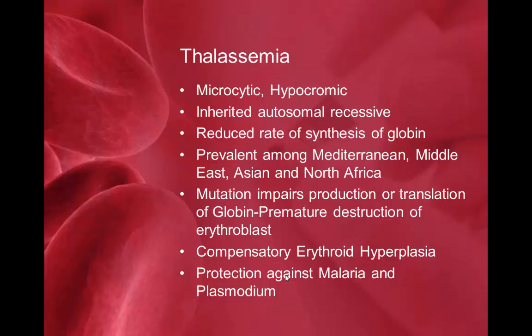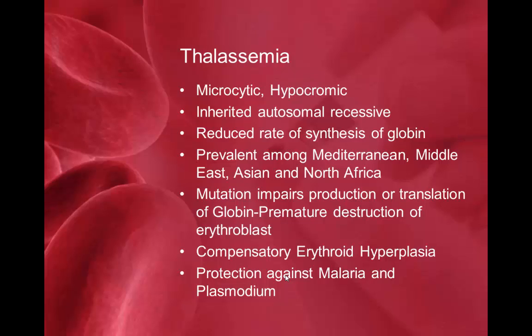There is an unbalanced hemoglobin synthesis caused by decreased production of at least one globin peptide, which could be the beta, the alpha, or the delta. You have the alpha thalassemia and the beta thalassemia. Okay, so basically it's the reduced rate of synthesis of the globin, and there's a mutation for translocation of globin and destruction of the erythrocyte and the erythroblast.